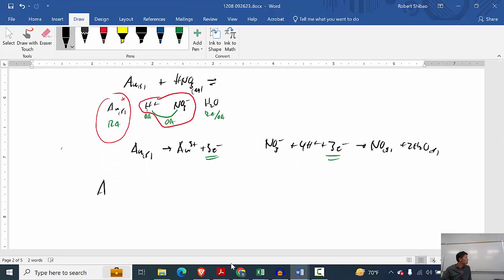And so combining these two half reactions, I'm going to get gold solid plus 1 nitrate plus 4H+. And then the 3 electrons will cancel. So I have 3 electrons being consumed, 3 electrons being produced, and they cancel. This is going to go to gold 3+, NO gas plus 2 H2O liquids.